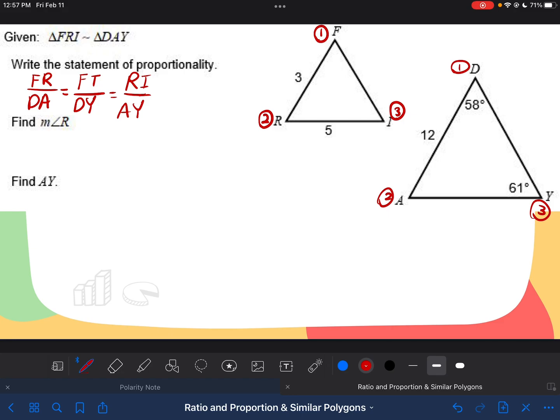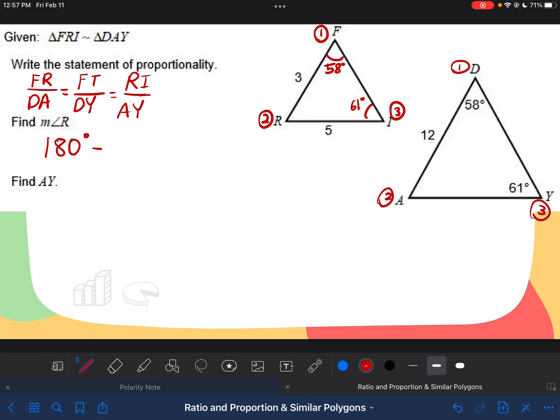Now, if we look at measurement angle R, if we're solving for that, we know angle F and D are going to be the same thing because similar triangles or similar polygons have the same angles, or congruent angles. So we have 58 on top and 61 on the bottom. As you know, the total angle of a triangle is 180 degrees.